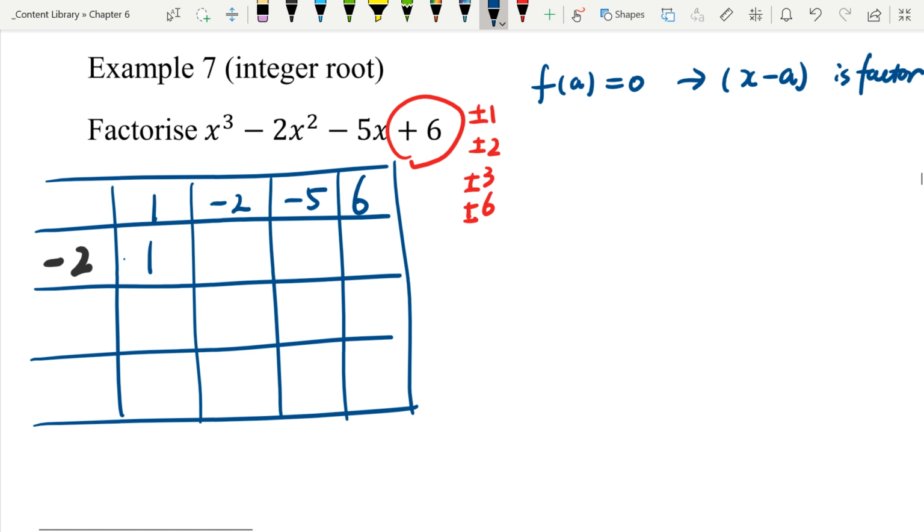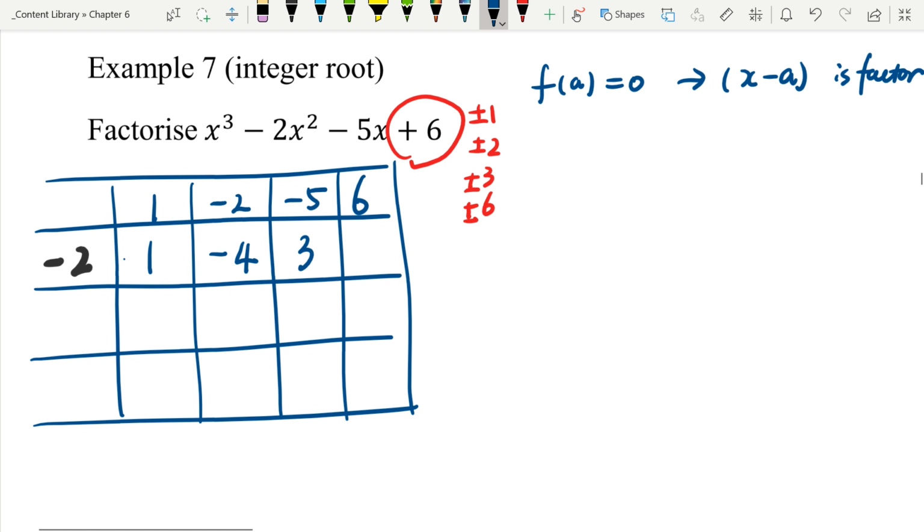So -2 is the number I try, the thing I put beside. I copy 1. So 1 times -2 plus -2 is -4. Oh, this one works. Oh my god. Doesn't matter, let's continue. -2 times -4 is 8, plus -5 is 3.